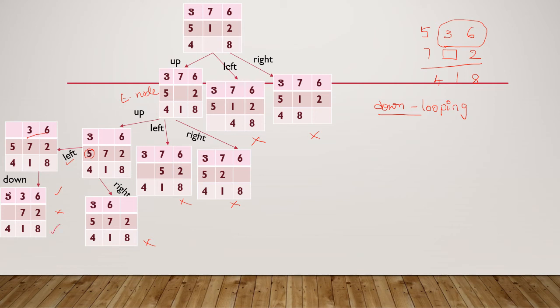Now let us see what is the possibility that will lead me to the goal state. Either I can move this up tile down, but I should not move this upper tile because it is leading me to a looping state. So the only possibility is either moving this down tile to the empty slot or moving this right tile to the empty slot.